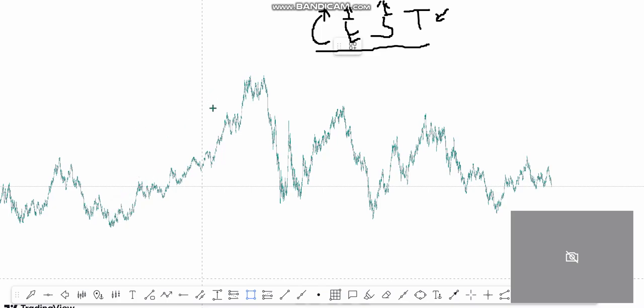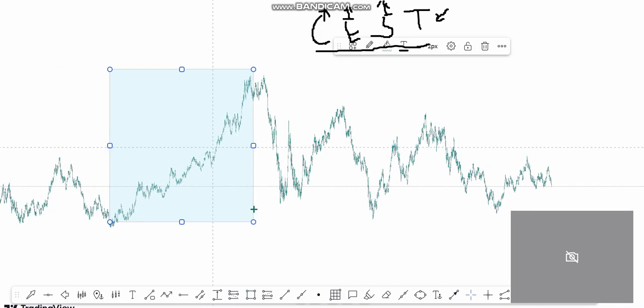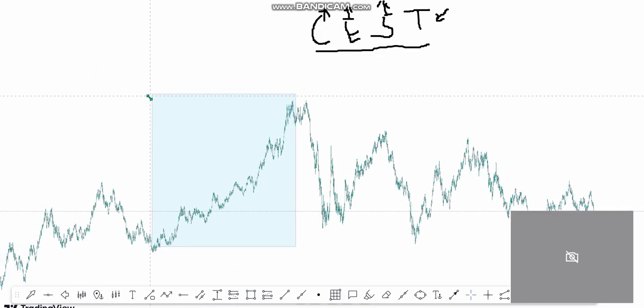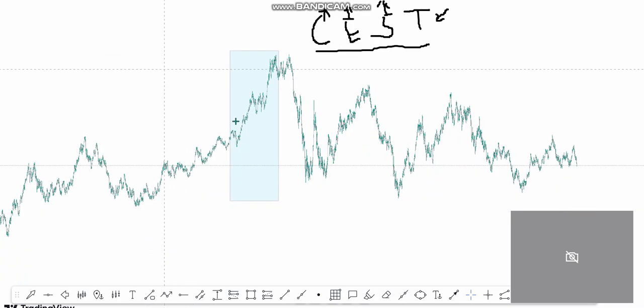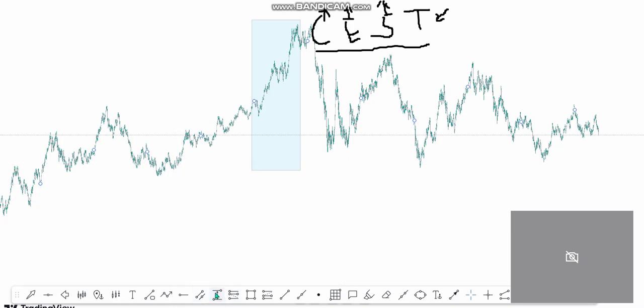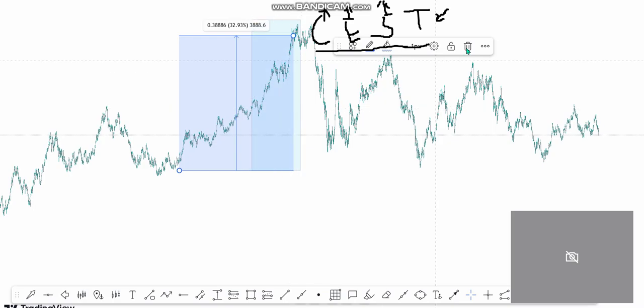I'm just giving you a bit of history. We had a very good expansion, guys. From here, this was an expansion, right? If you measure these pips, let's measure the range, this should be like 400,000 pips, guys.